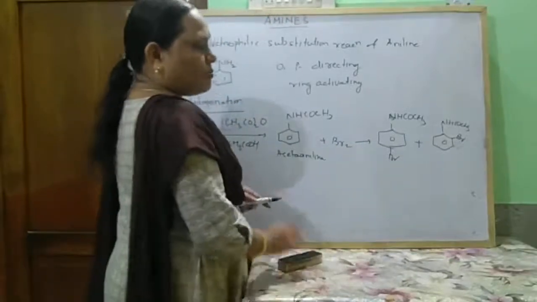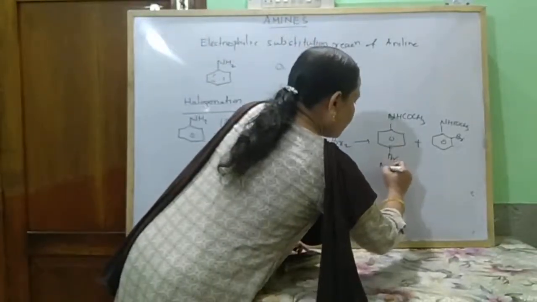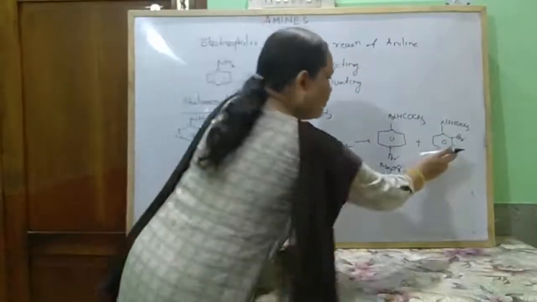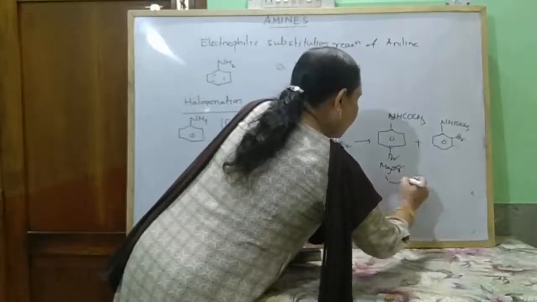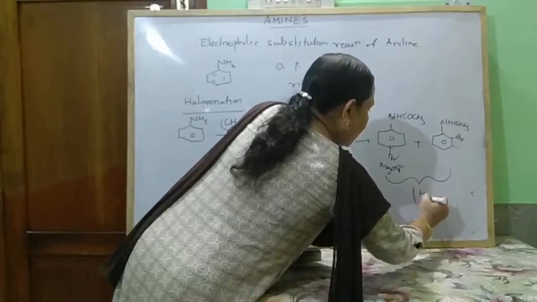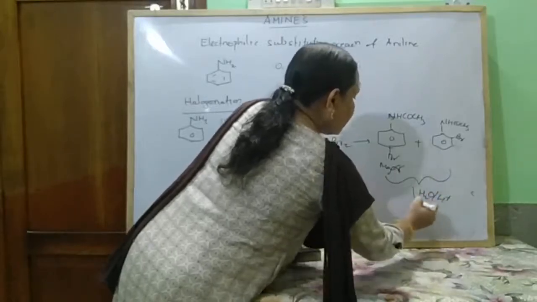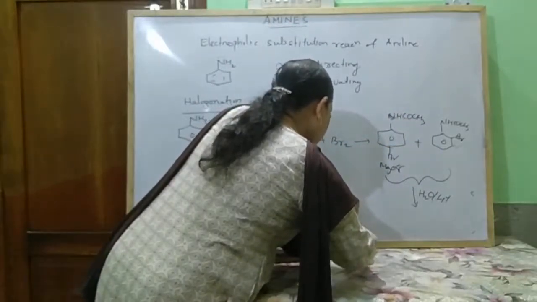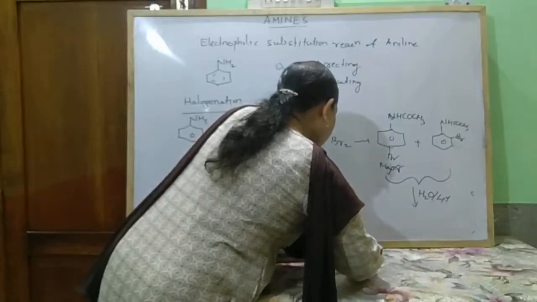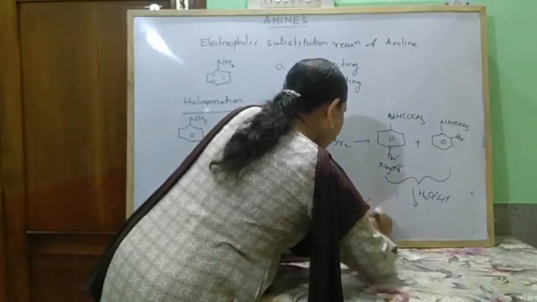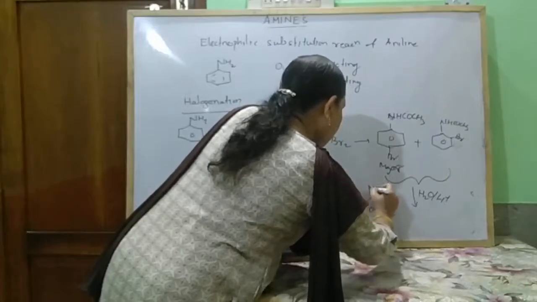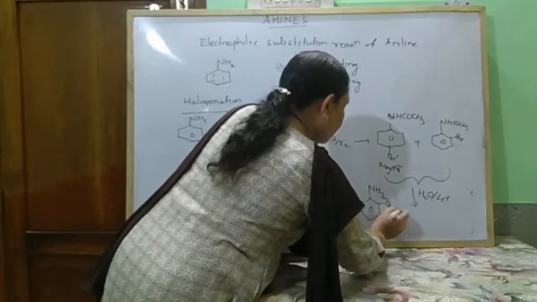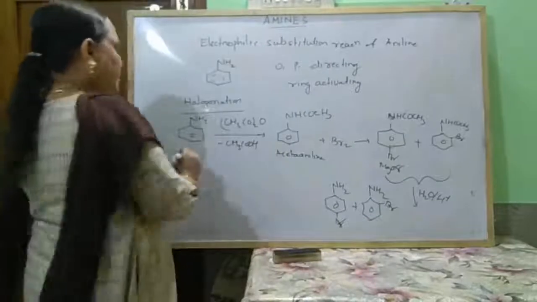After getting this ortho and para bromo acetanilide, the para is the major product, more in amount, and the ortho is the minor product, less in amount. And when these undergo hydrolysis with H2O in acid medium, then we can regain aniline, with NH2 and Br. So here we get bromoaniline.